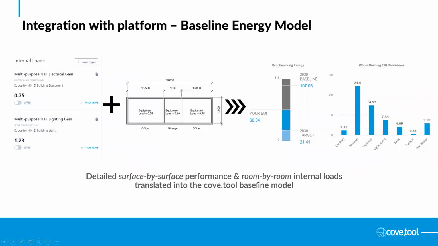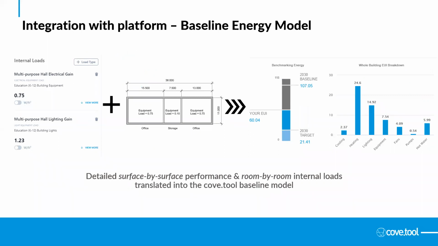Some of the other integration with that, in fact, is back to that baseline energy model. So we will be running kind of a full, we'll call it a whole building energy model, 8760 model via Energy Plus in loadmodeling.tool. However, not every user, I'll go back to that everyday user, needs or wants that.